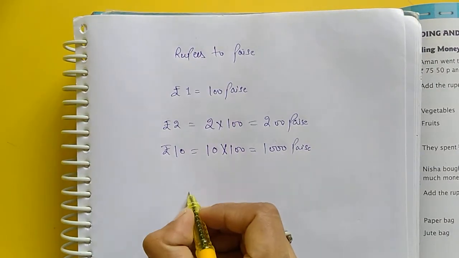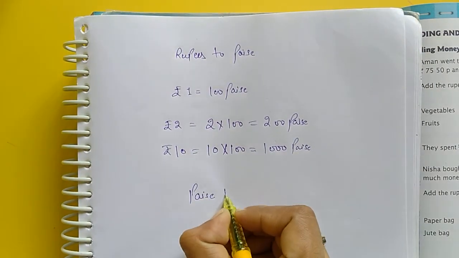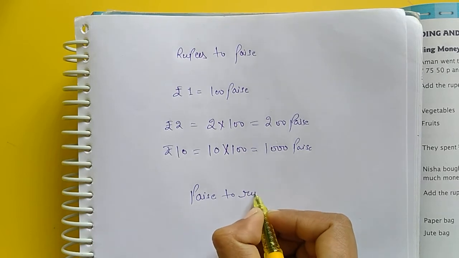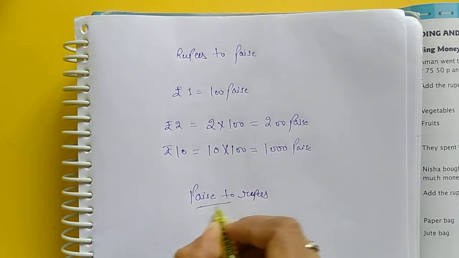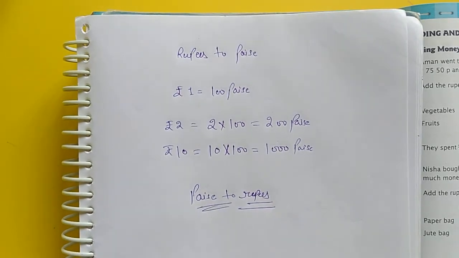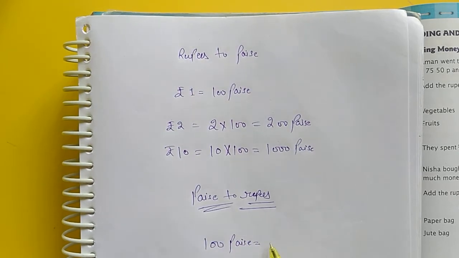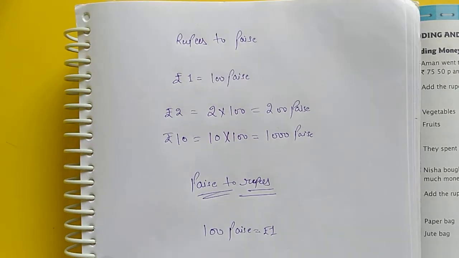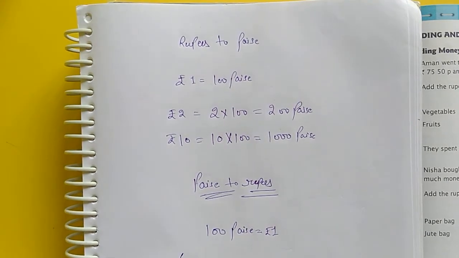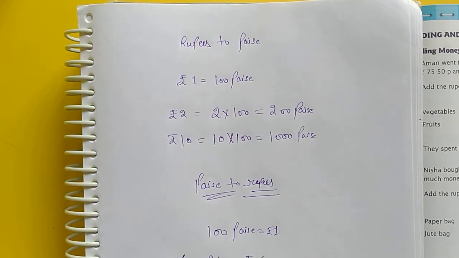Okay, next is पैसे to rupees. Opposite, we know 100 पैसे equals to 1 rupees. Okay, suppose we have 600 पैसे. 600 पैसे means we have 6 rupees.